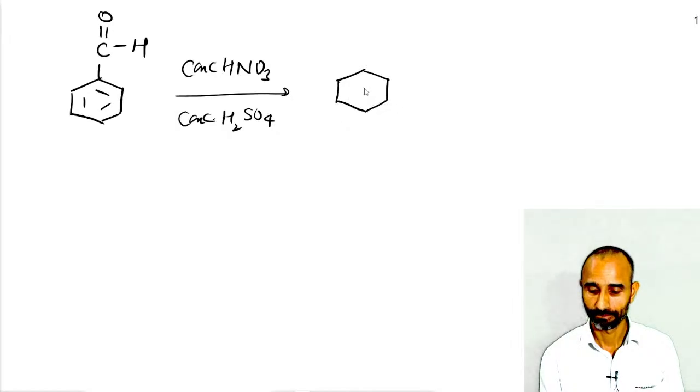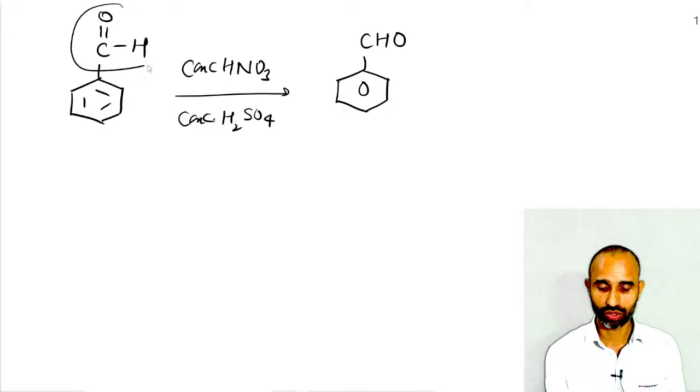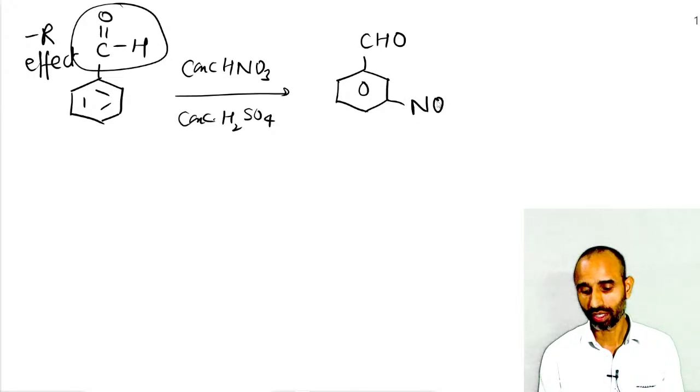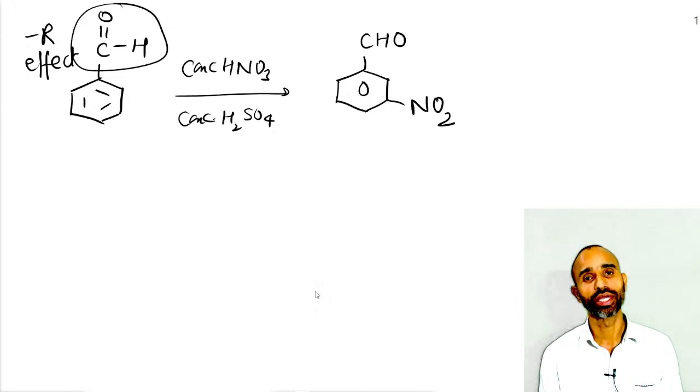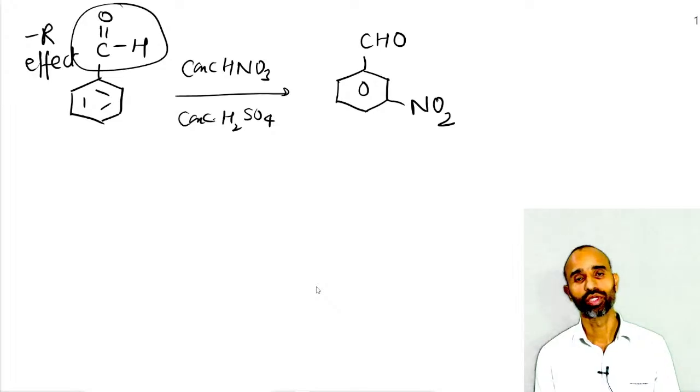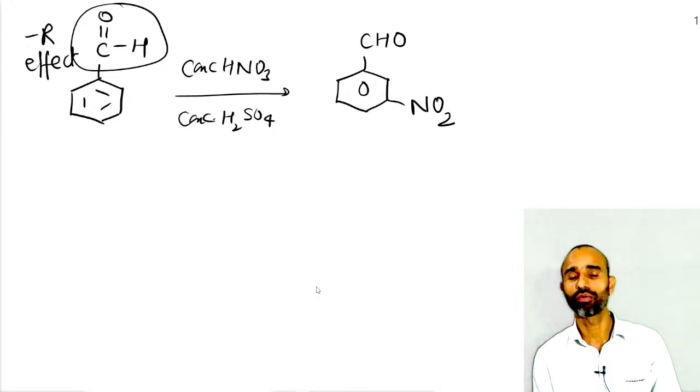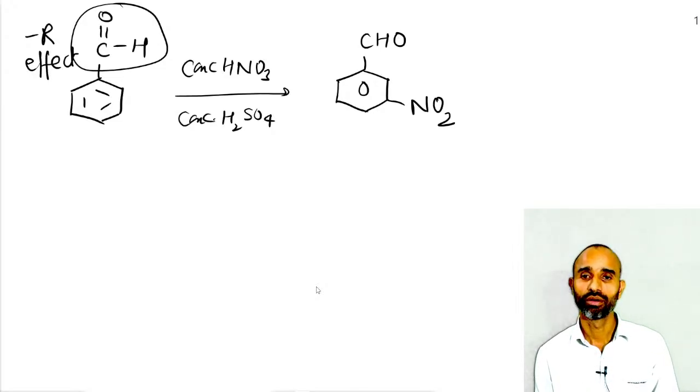Meta product. Yes, in this case, because this group has minus R effect, it is meta directing, so we get meta nitrobenzaldehyde. These are the applications of plus R and minus R effect.